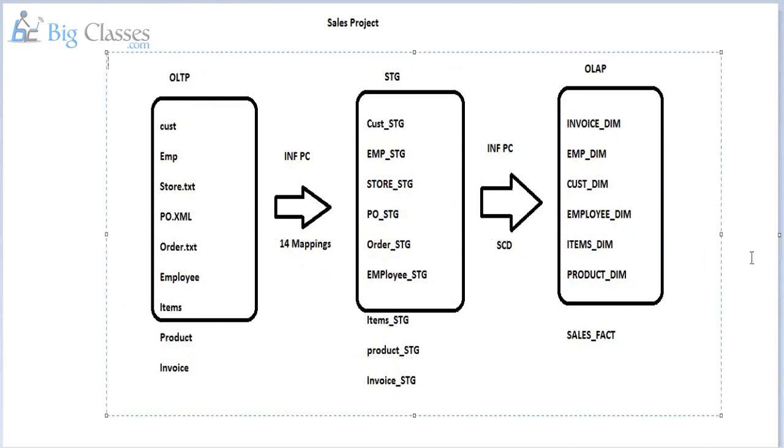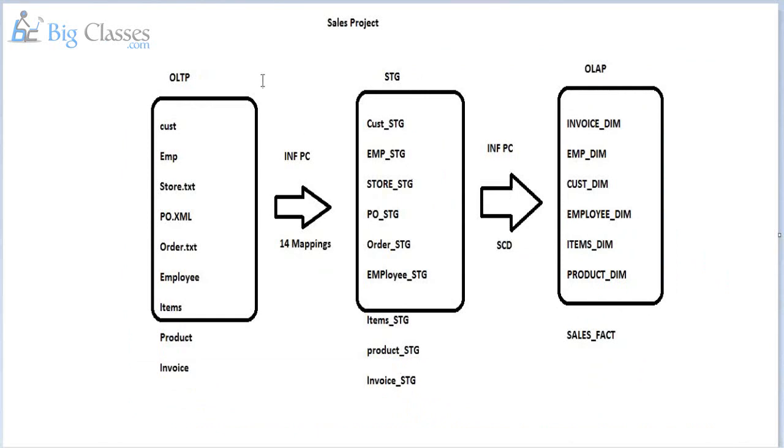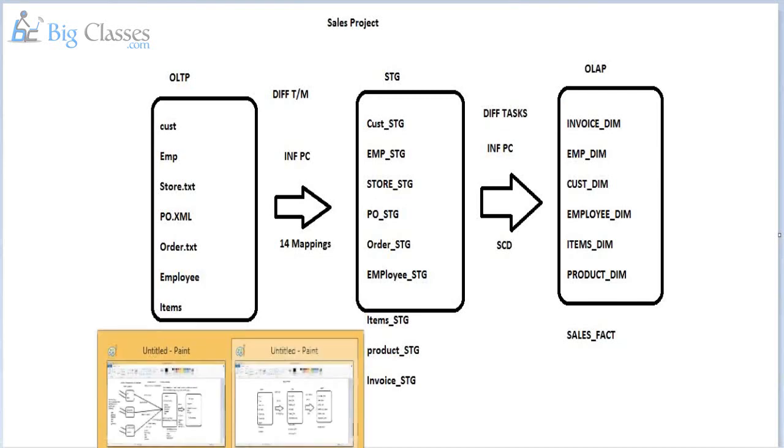When we are doing this sales case study, we'll understand the different transformations and transformation strategies, how to perform incremental loading and incremental extraction, what the different tasks are and how they are used, how we schedule the ETL programs and the different ways of scheduling, and how we migrate the ETL program. We are going to perform all these things when you are doing this project.